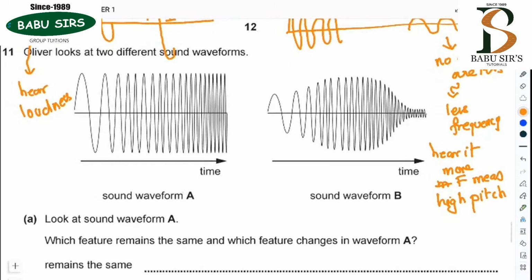So look at sound waveform A. Which features remain the same? You can see the height of each wave is the same from beginning till end. So what is the same? The amplitude is the same.